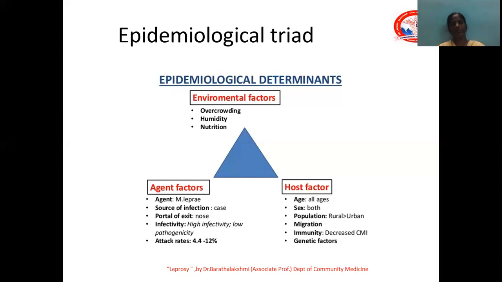This is a disease with high infectivity but low pathogenicity, which keeps the disease less in the community. Only when the pathogen is virulent can it result in the development of disease in each individual. The attack rate is 4.5% to 12%.